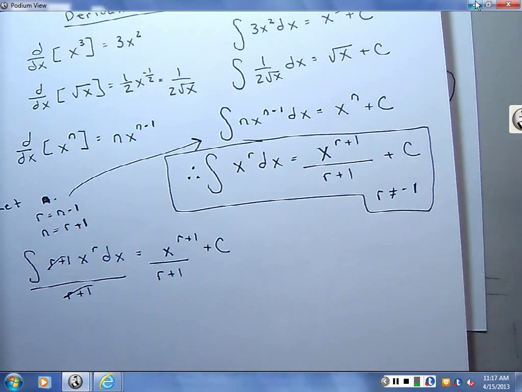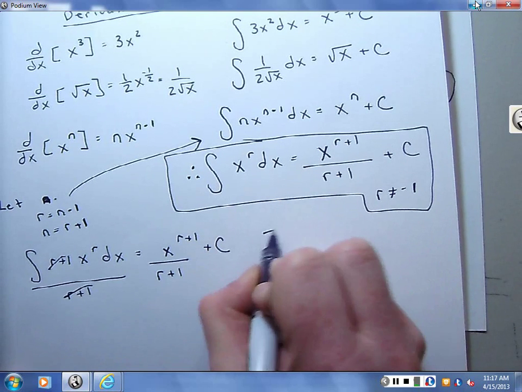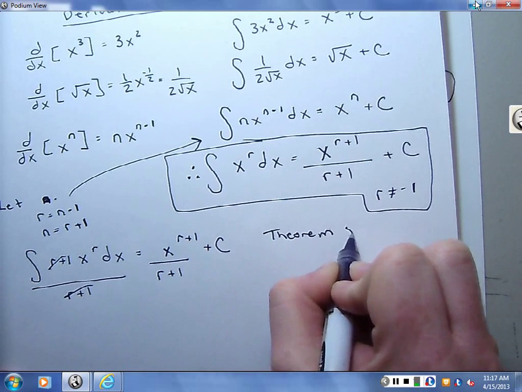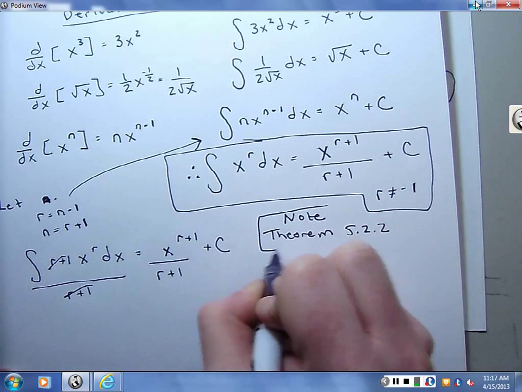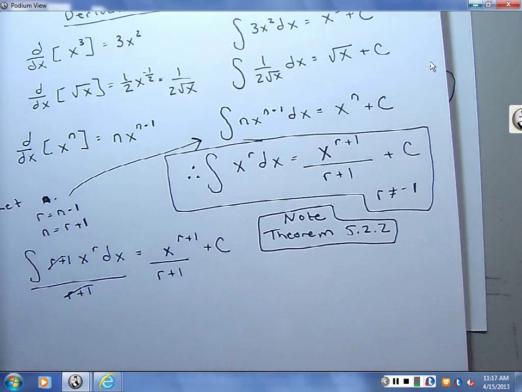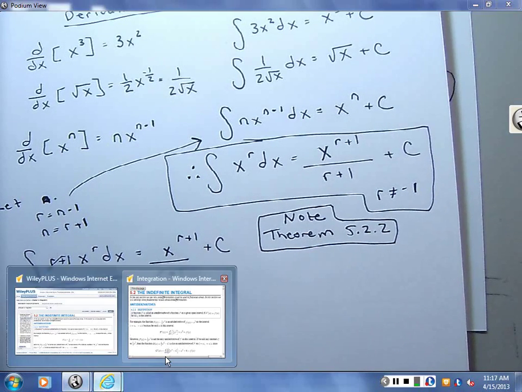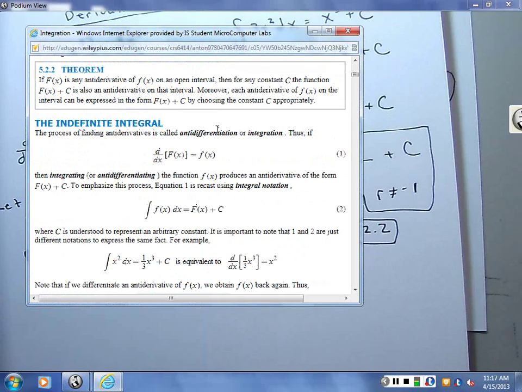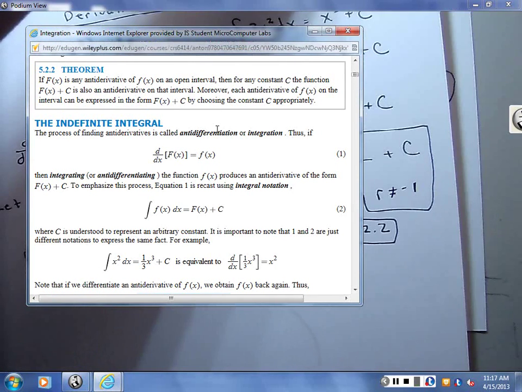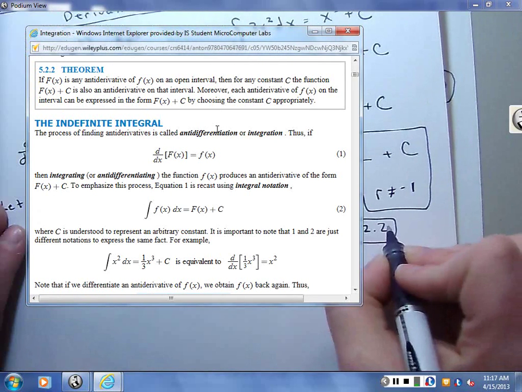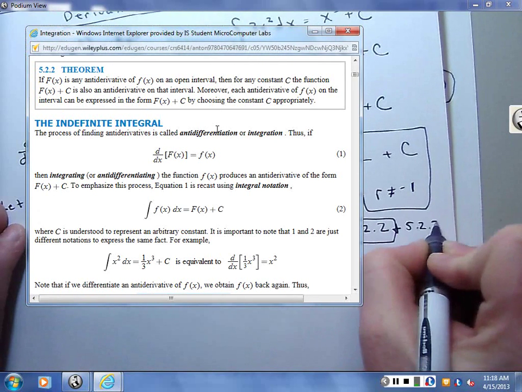So before I go further, I just want to make a comment on Theorem 5.2.2. So let's note Theorem 5.2.2 and 5.2.3.